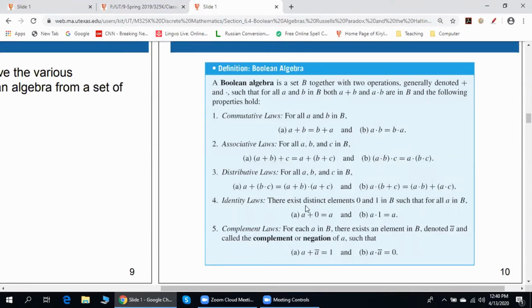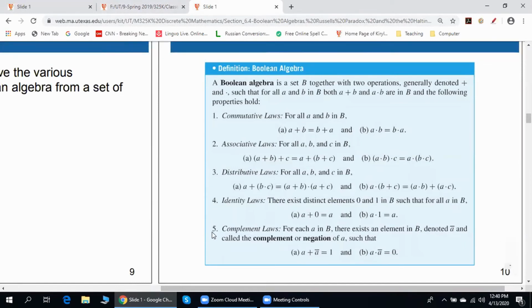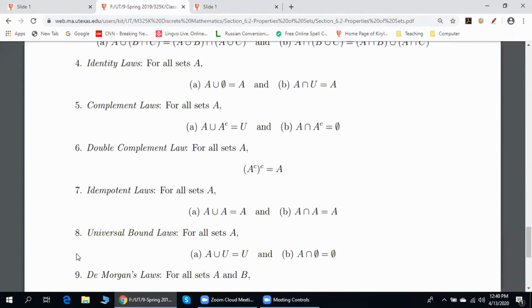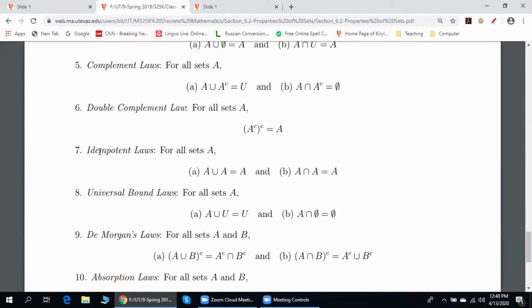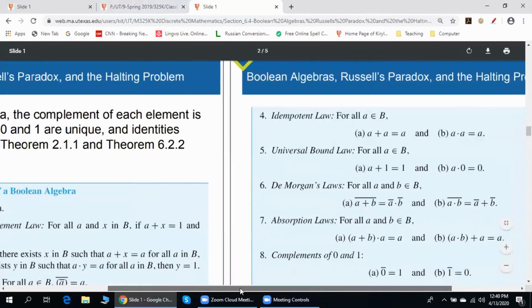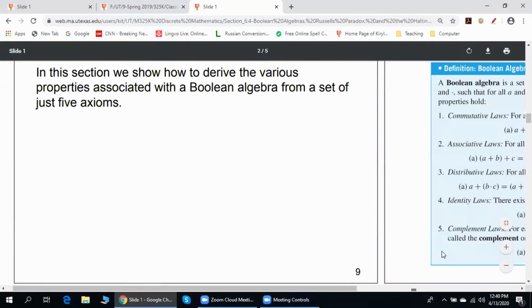Now, you may ask me a question. Wait a second. Here we have just 5 rules, and these 5 rules correspond to these 5 rules. How about the double complement law, universal bound law, De Morgan's law? The answer is we can deduce all these laws from these 5 rules.